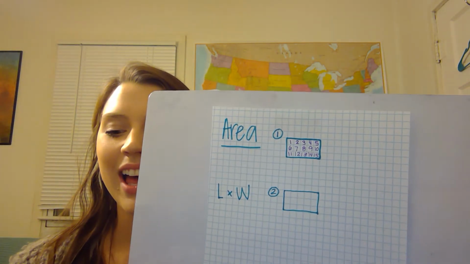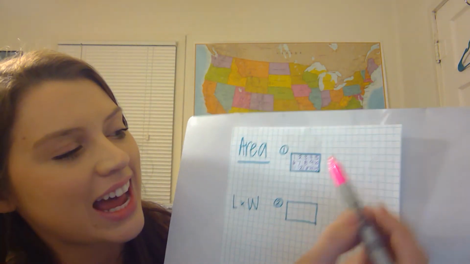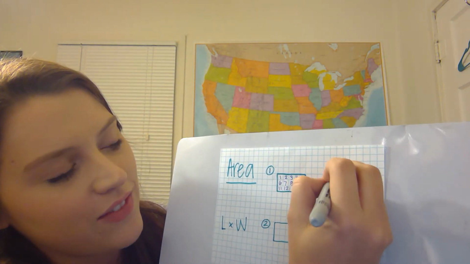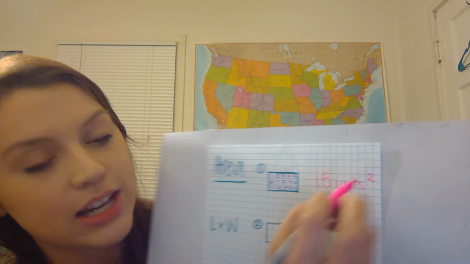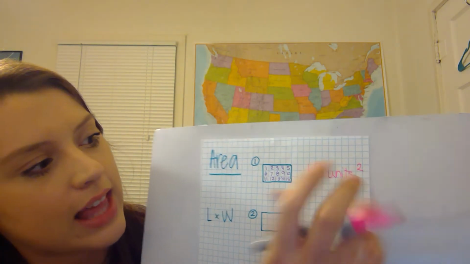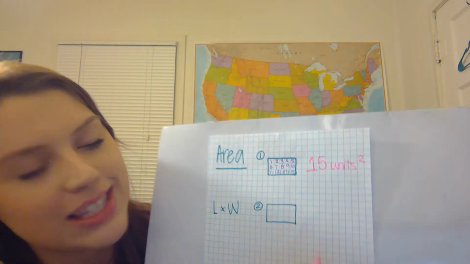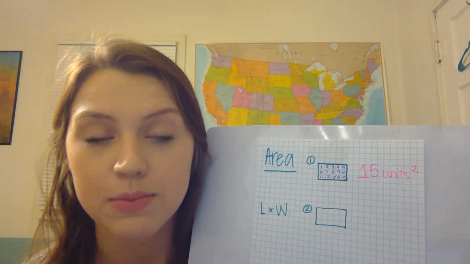So class, all together inside the area is 15 units. And since it's the area, we add squared up at the top. Don't forget that. So 15 units squared. This is a great way to count, especially when the rectangles or any other shapes are small. So it's easy to count.